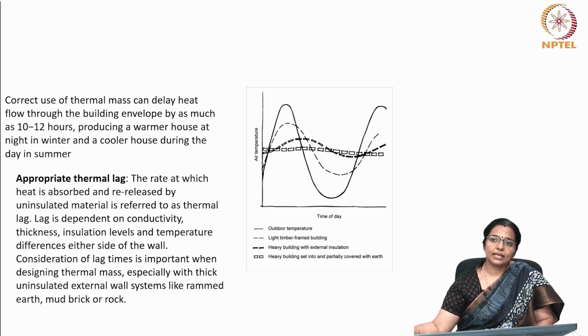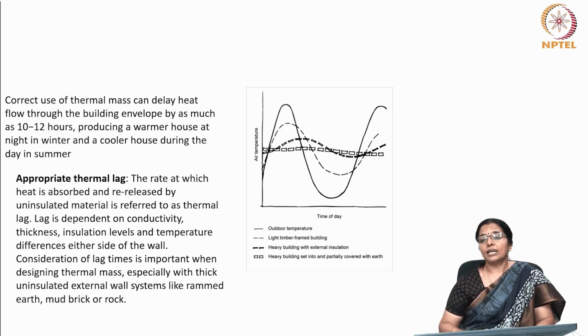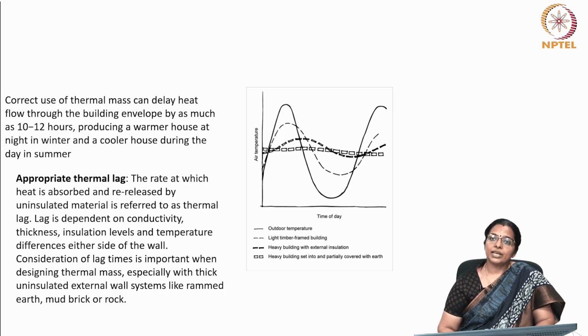Appropriate thermal lag must be considered when we try to design a house with an appropriate thermal mass. Thermal lag is the rate at which heat is absorbed and re-released by uninsulated materials.